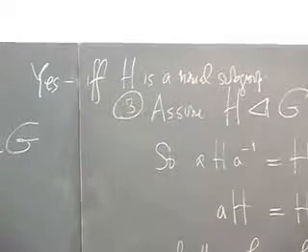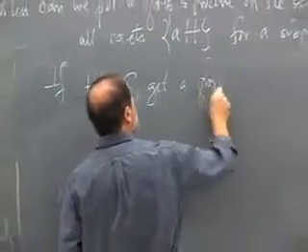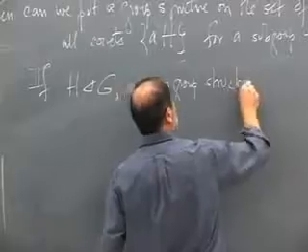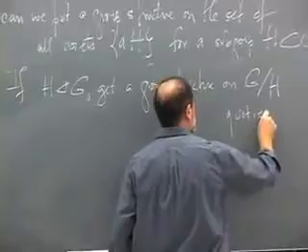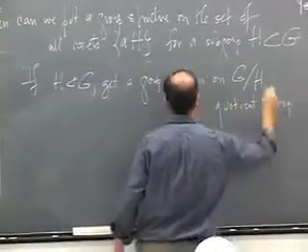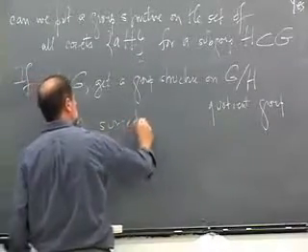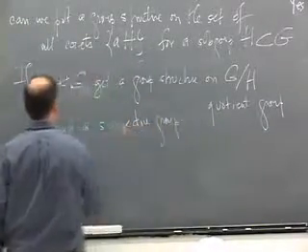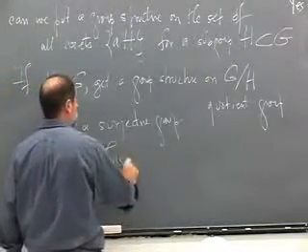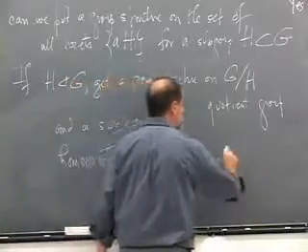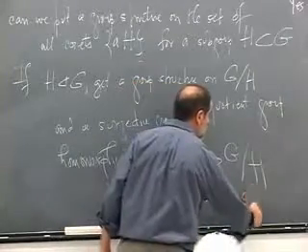So, if H is normal in G, we get a group structure on G mod H, the quotient group, and a surjective group homomorphism, F from G to G mod H, that takes the element A into its coset.